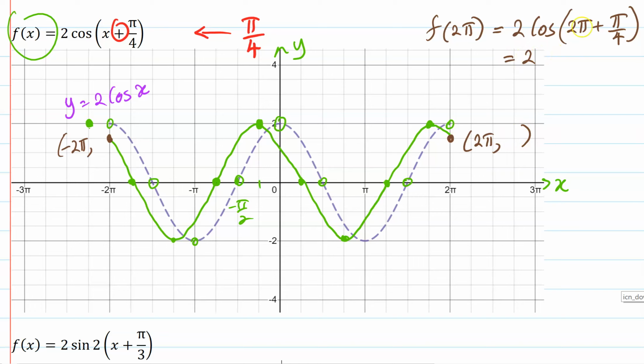Okay, now cos of 2 pi plus pi on 4, if I look at the unit circle, and if you remember that, simply working our way through here, if I did a full circle, 2 pi, back onto the point A that we took on our x-axis.